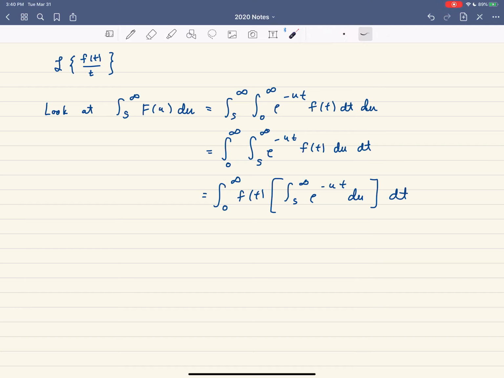And this integral e to the negative ut from s to infinity, we can just straight up evaluate. We're integrating with respect to u, so we end up with negative 1 over t, e to the negative ut, as u goes from s to infinity, dt.